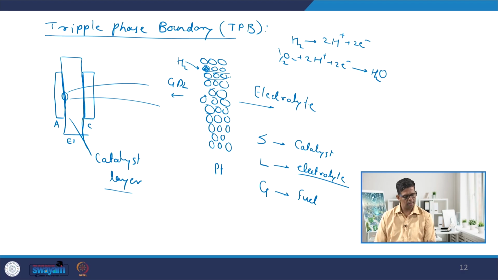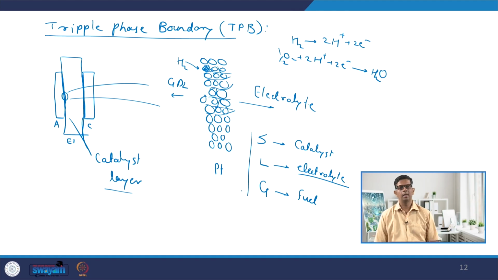This electrode has the ionomer present, and this ionomer basically acts like a pathway for these protons to flow from the catalyst layer, the catalyst location, to the bulk of electrolyte. So, the electrolyte is also present at these places, and that is how the reaction will get initiated, provided these three things are present at a given location.